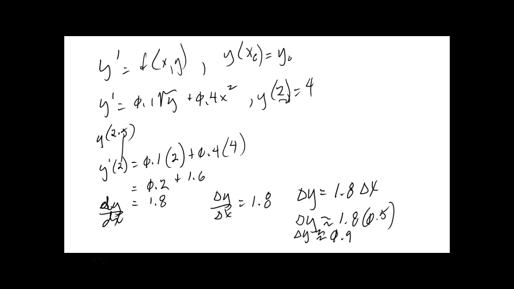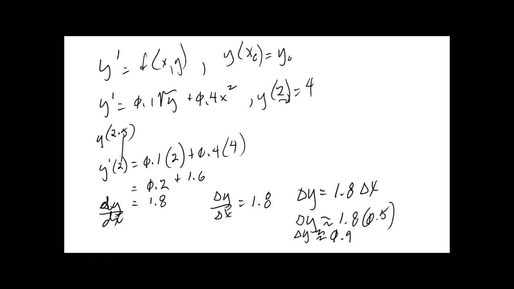Okay, your x's are changing from 2 to 2.5. This is what we're looking for. Your x changed from 2 to 2.5, that's a difference of 0.5, right? This is approximate.